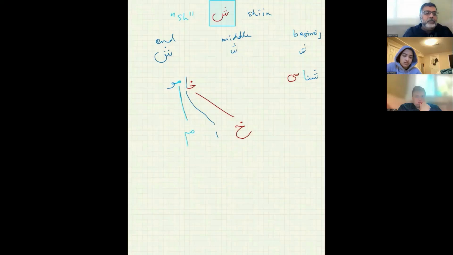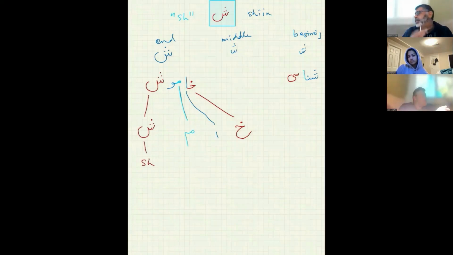And then our letter of the day, sheen, shows up, which is standalone form. It's not connected, it just stands alone, and this whole word goes khamosh. This letter just can't play by the rules.